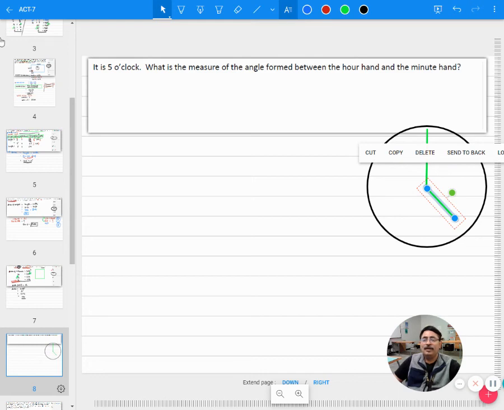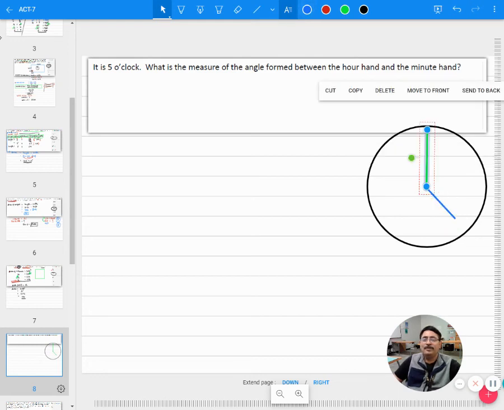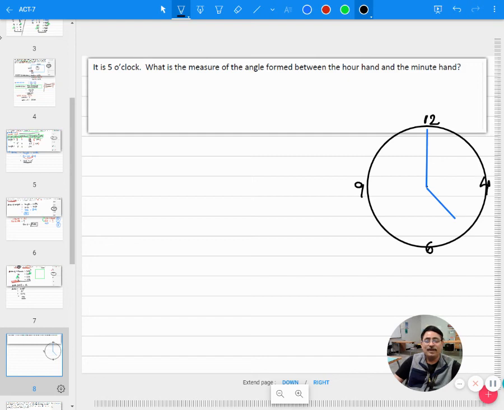Okay, you know that here is 12, then here is 6, here is 9, and here is 4. First of all, what is the total angle in a circle? You know that the total angle in a circle is 360 degrees. Agreed?